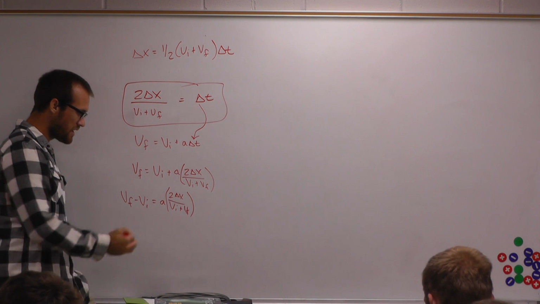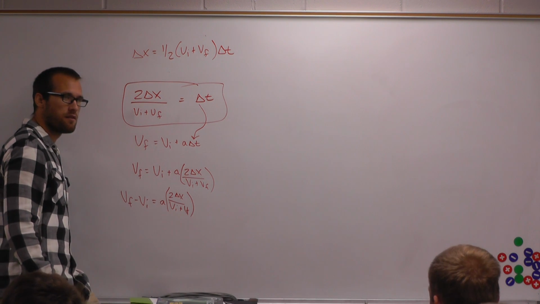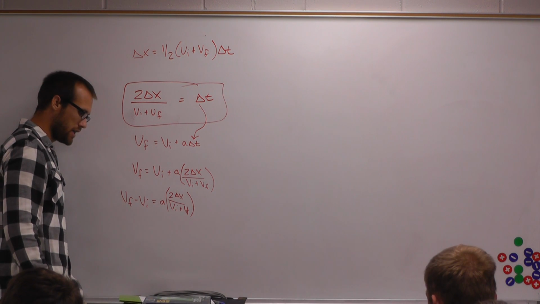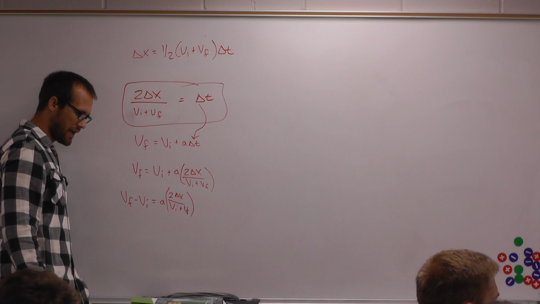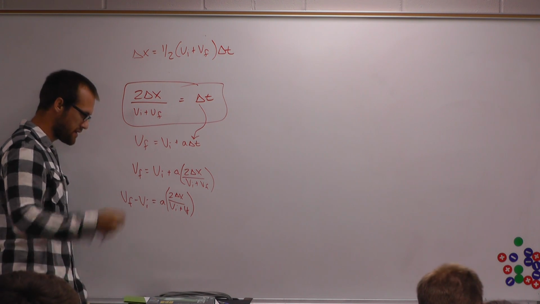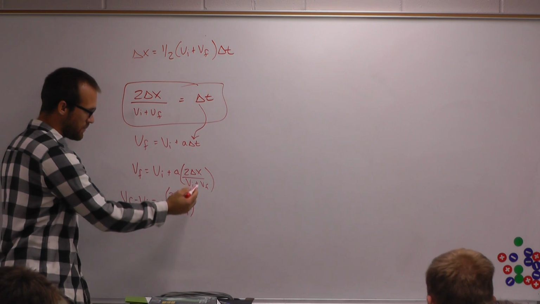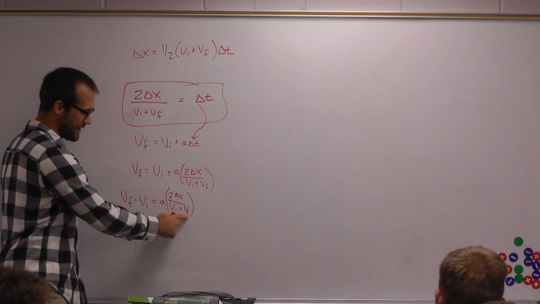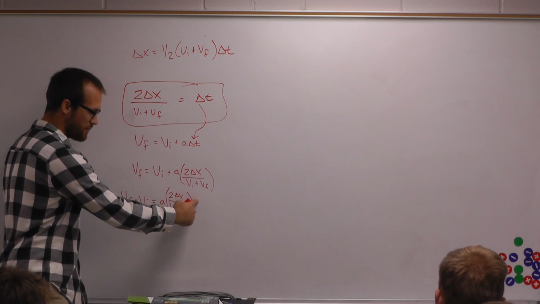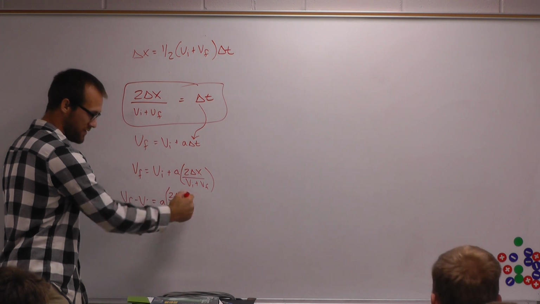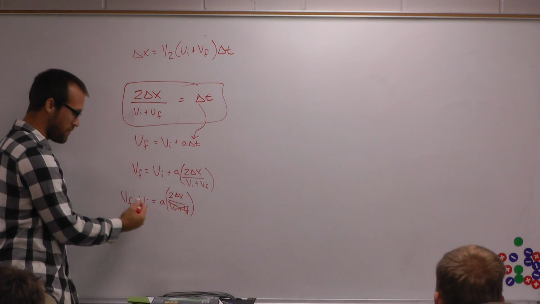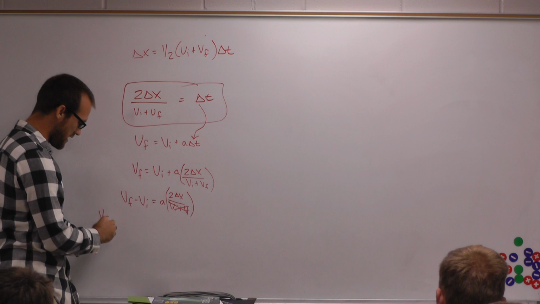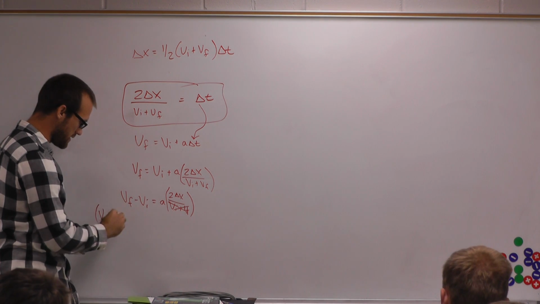We had two VFs. Okay, I'm trying to remember how I wanted to do this. What I'm going to do is multiply by VI plus VF to both sides to get rid of it here. See how that's going to get rid of that? I'm going to multiply it over here.